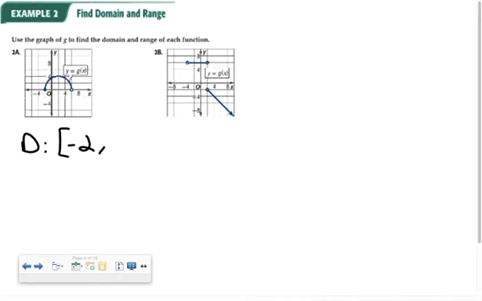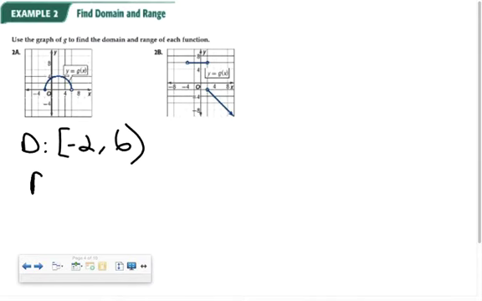So bracket -2, and I scan my graph and I go looking to the right, and then I get to 6, and after 6, nothing's happening. So 6 is a boundary of my domain, but again, make sure that you're paying attention to whether it's a bracket or a parentheses. Because at 6 there is an open circle, that means I have a parenthesis there.